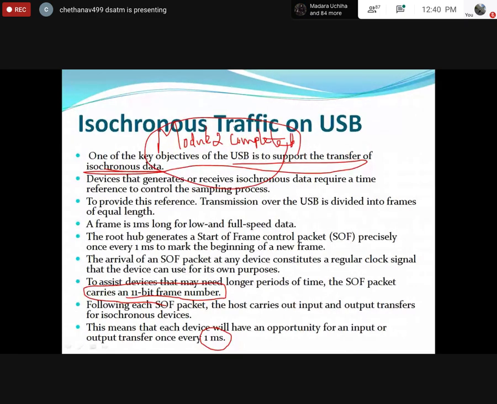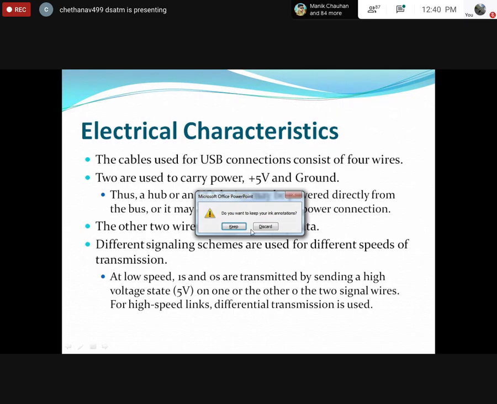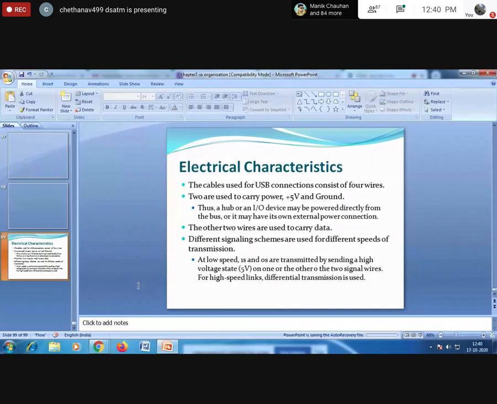See, the main thing in module 2, the first thing you should know, is the input output interface.